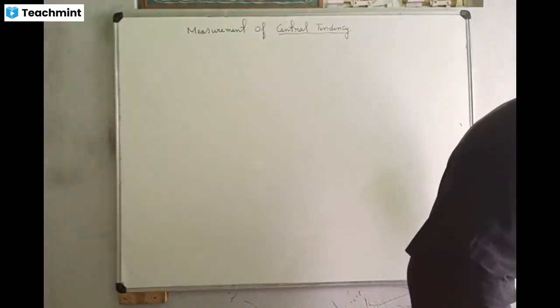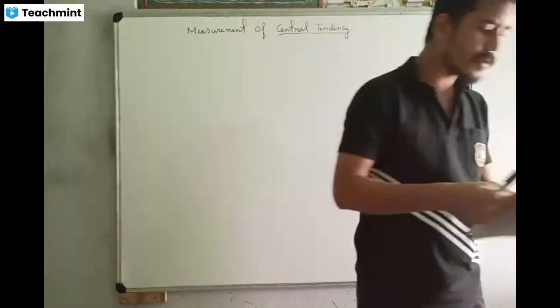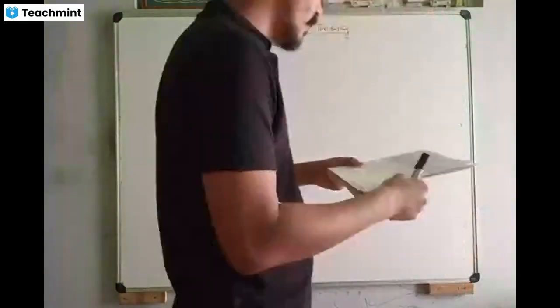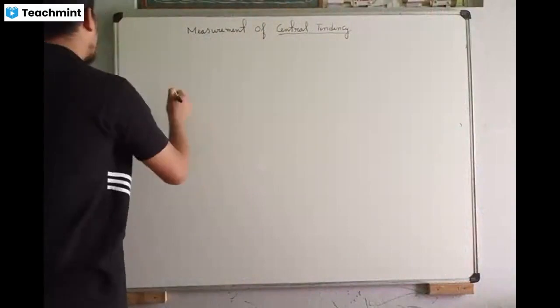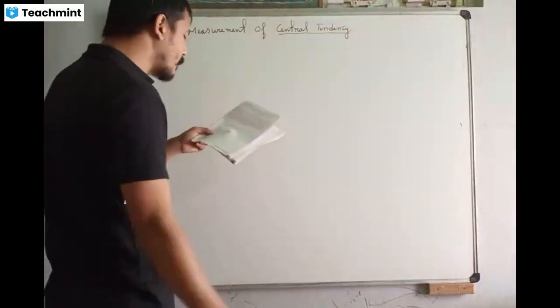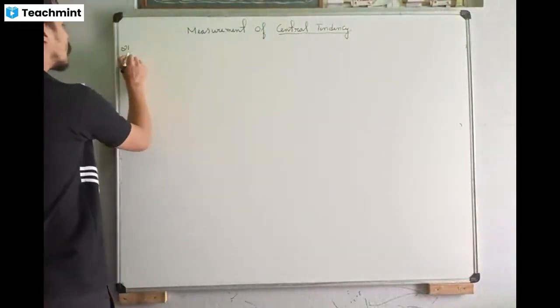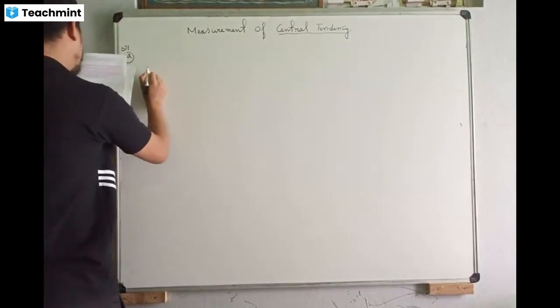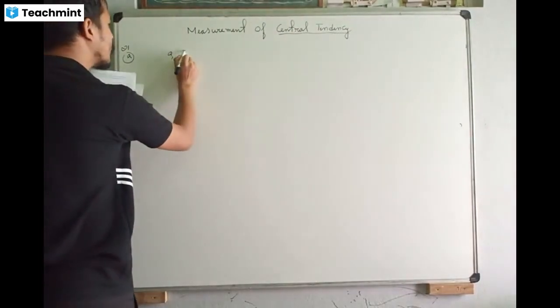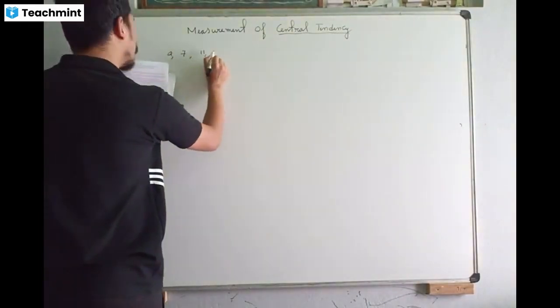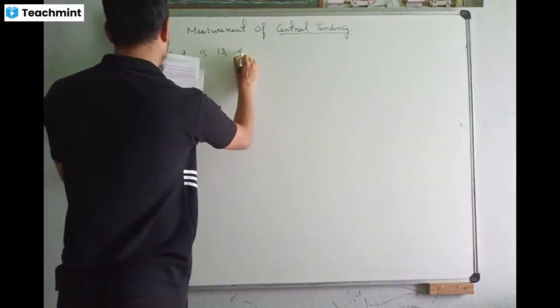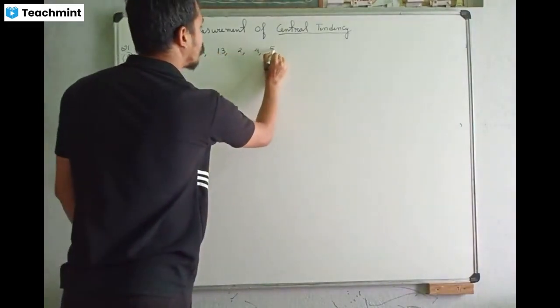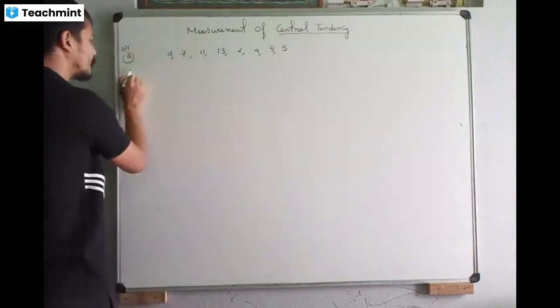So in your textbook, page 201, question number 1. You have to find the mean of the following data. Question number 1, part A. Your given series is 9, 7, 11, 13, 2, 4, 5, and 5.